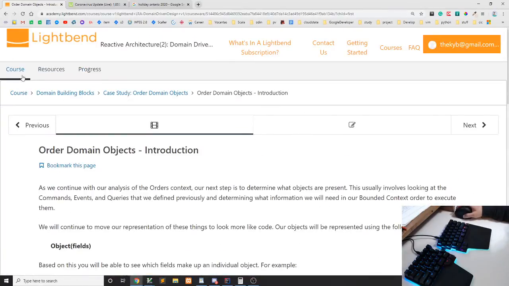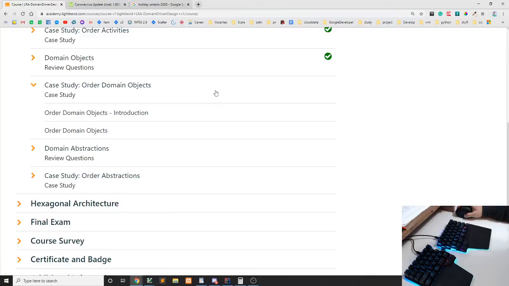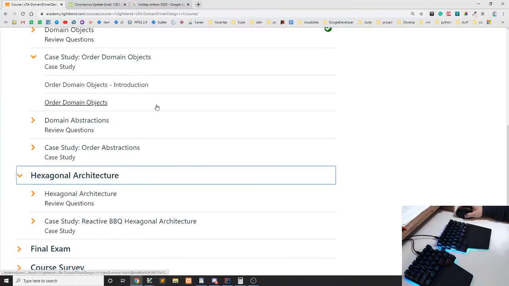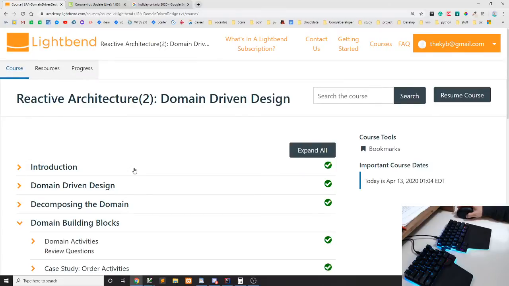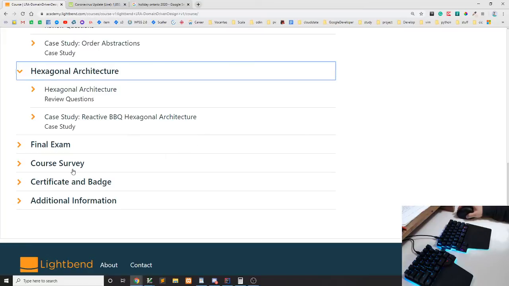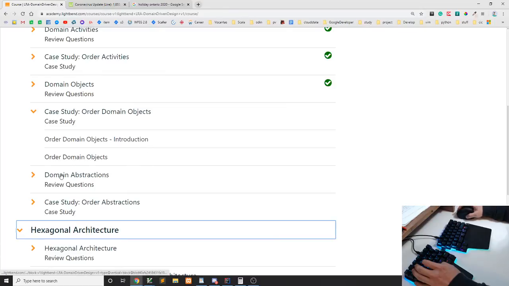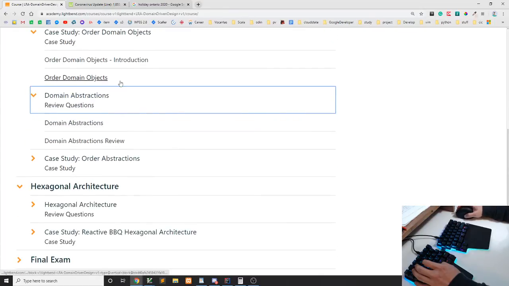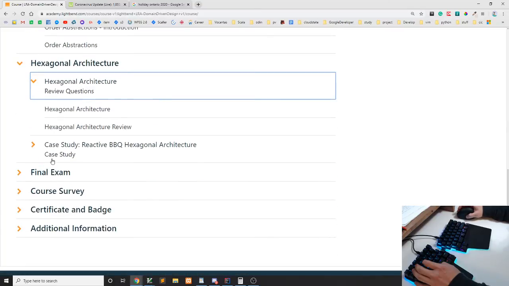So I have a couple more steps to finish my lecture of domain-driven design, and I hope that these two... one, two, three, four, five, six, seven, eight.